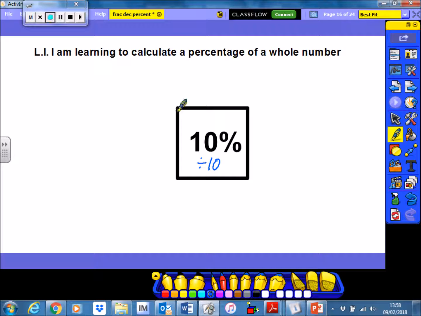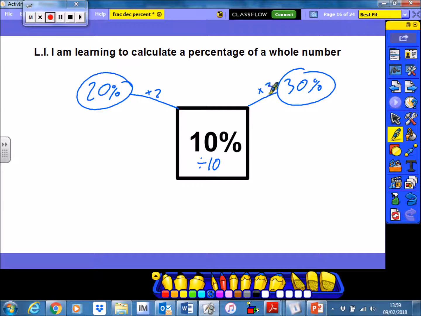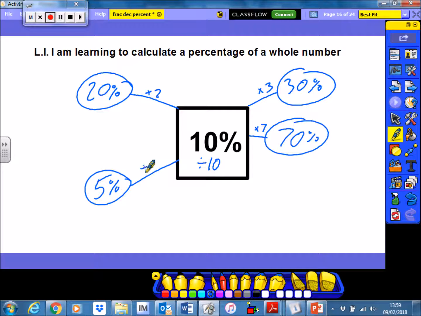So if I know 10%, I could work out 20% by timesing it by 2. I could work out 30% by getting my answer and timesing it by 3. I could work out 70% by timesing it by 7. I could work out 5% by dividing my answer by 2, because 5% is half of 10%.